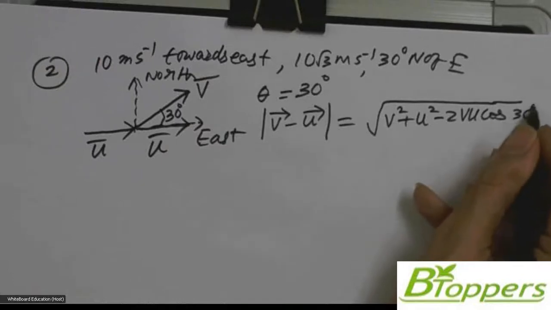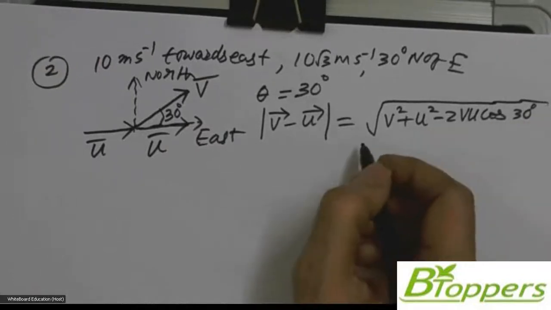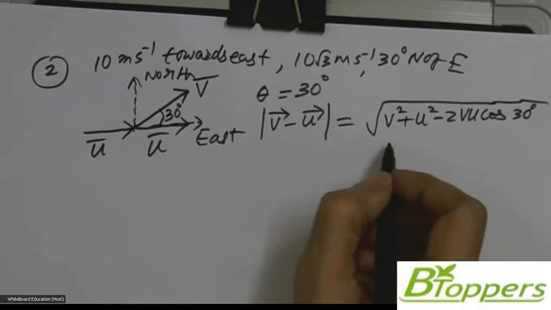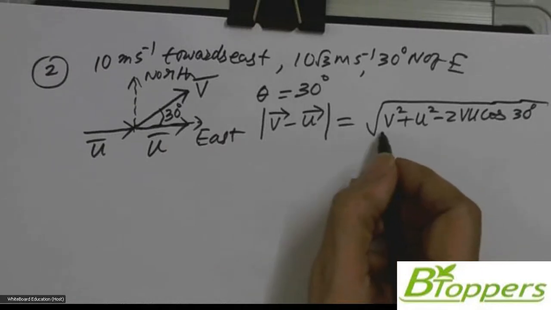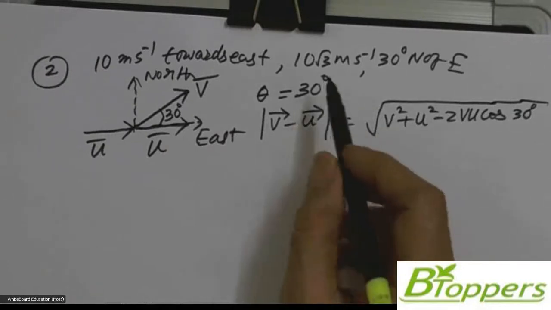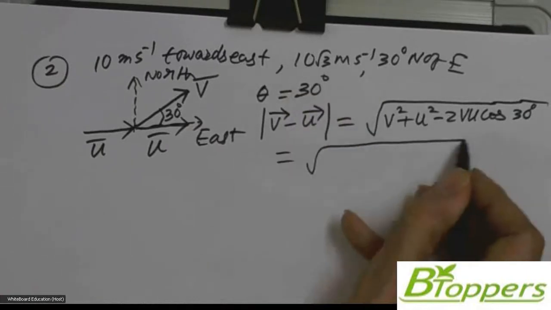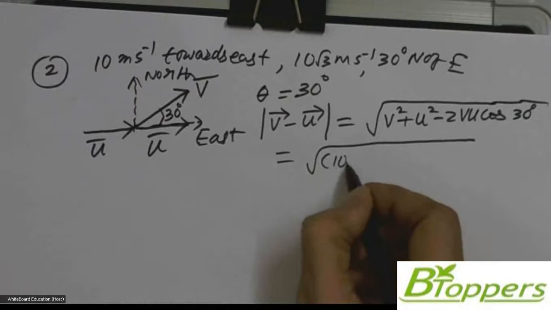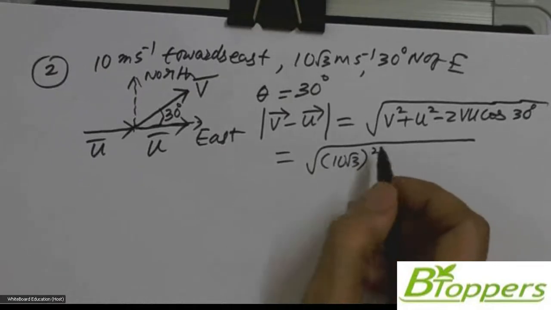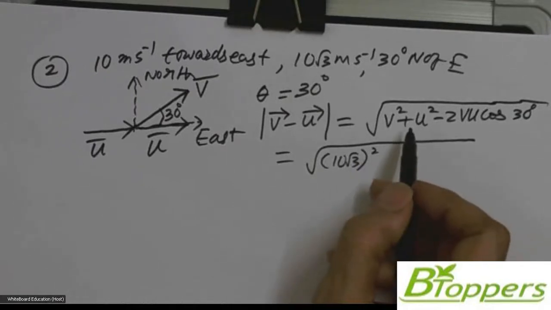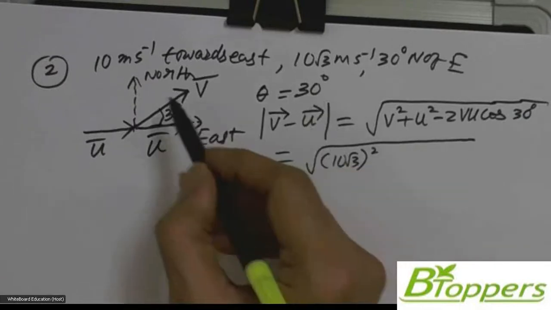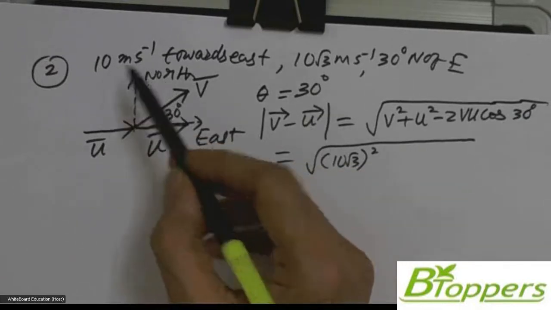So here the angle theta between the two vectors v bar and u bar is 30 degrees. Letter V represents the magnitude of the final velocity vector v bar, which is given to be 10 root 3 meter per second. Letter U without bar symbol represents the magnitude of the initial velocity vector u bar, which is given as 10 meter per second.